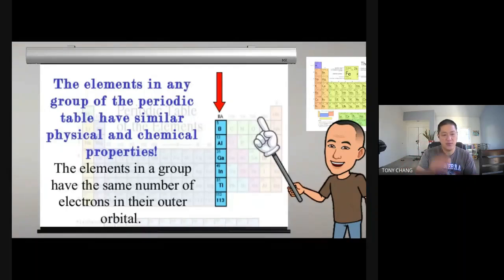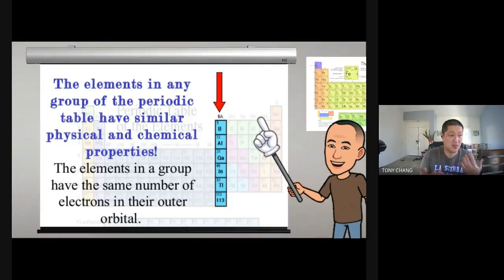Let's talk about the group. Group is a column. Column is a group. It's also called a family. Now, all the valence electrons in that one group will be the same. You're going to have the same number of valence electrons. You're also going to have similar physical properties.